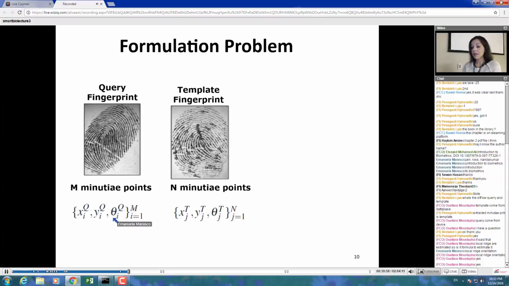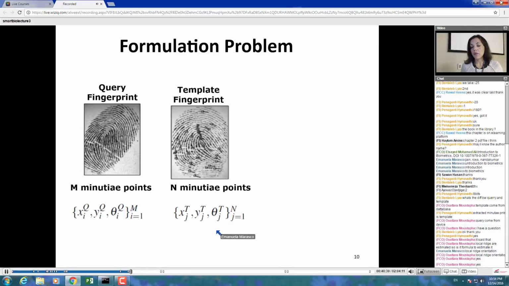And then the question that I asked at the end of the last lecture is: when we have the query and the template, and we extract minutia points, whether they belong to the same identity or not, is the number of minutiae the same? Because we have M minutia points extracted from the query, and on the other side, N from the template. So the question is, are M and N always different? Because these are numbers like 150, 170.